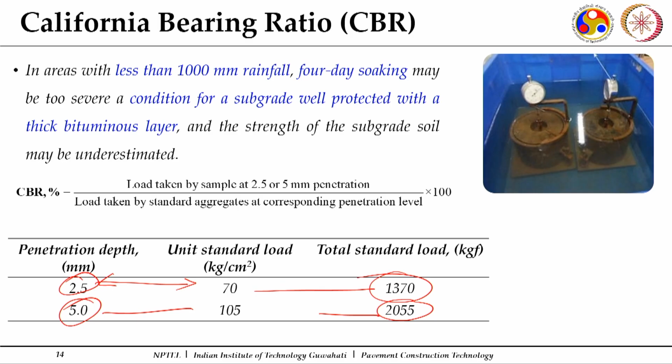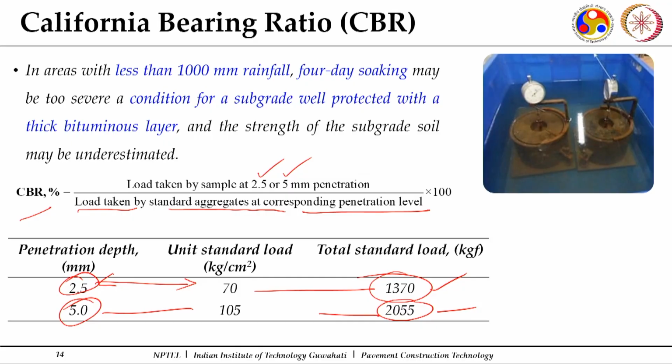So, CBR is the load taken by a sample at 2.5 mm or 5 mm penetration divided by the load taken by standard aggregates at the same penetration levels. If 2.5 is considered, then 1370 load will be considered; if 5 mm is considered, 2055, and this will help you to determine the CBR.